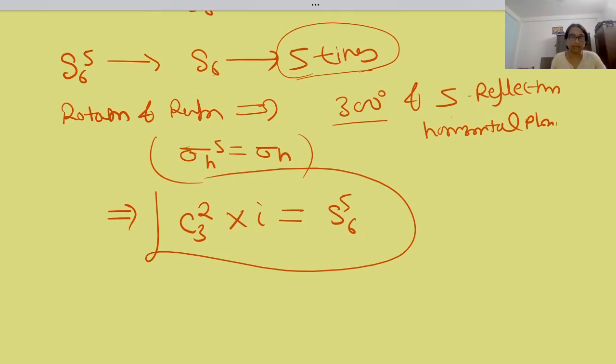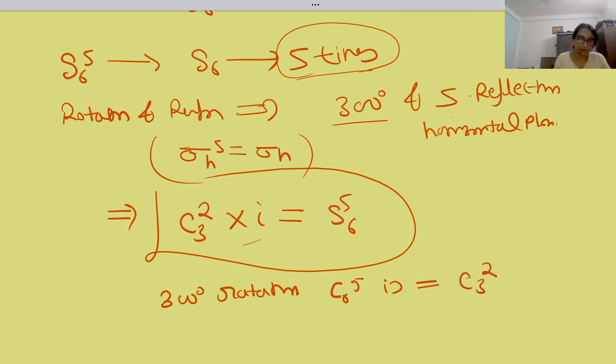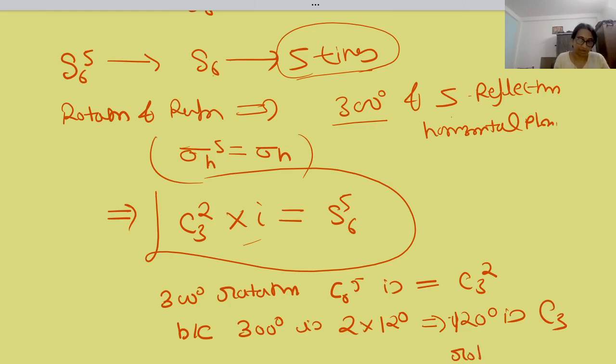So 300 degree rotation, that is C6^5, is equivalent to C3^2. On the basis of this, we can conclude this.